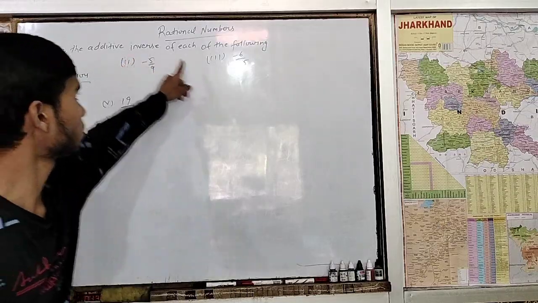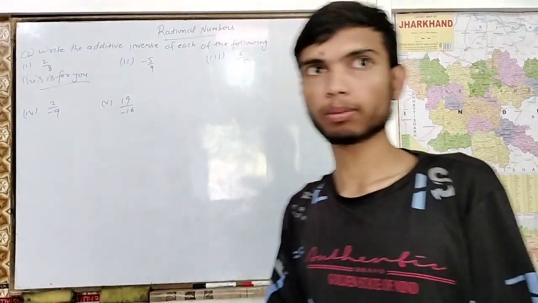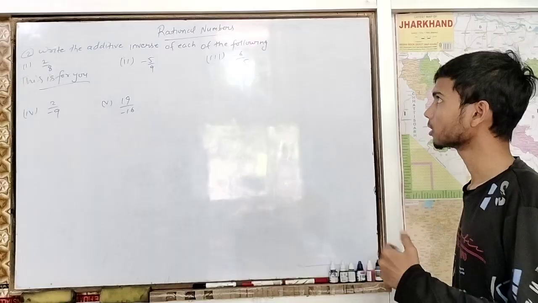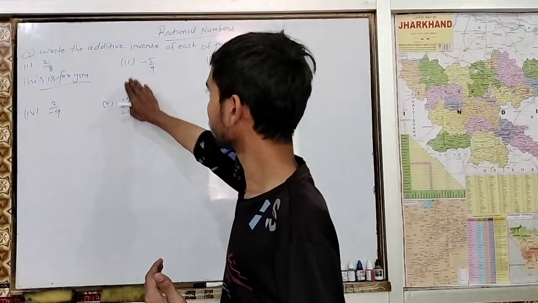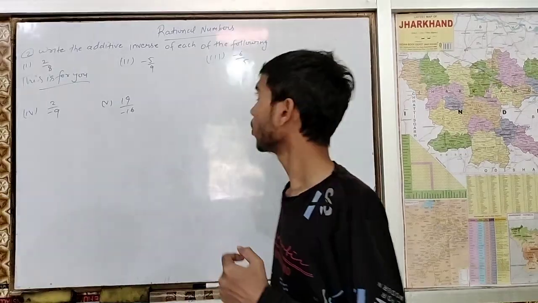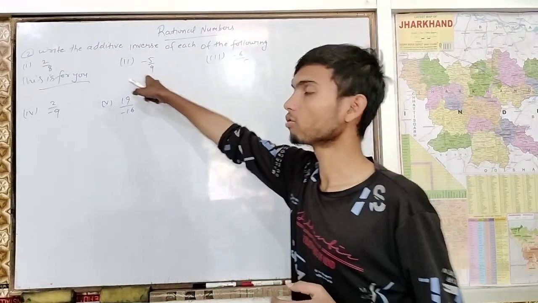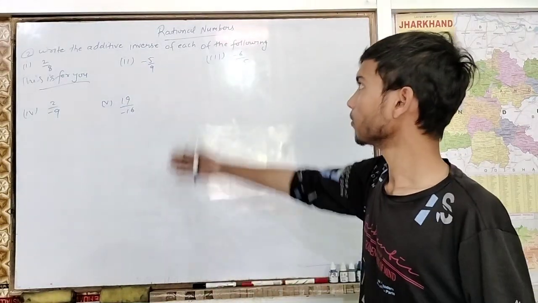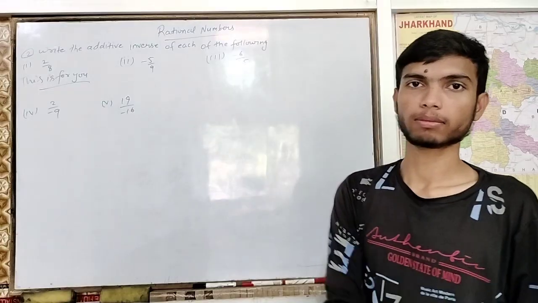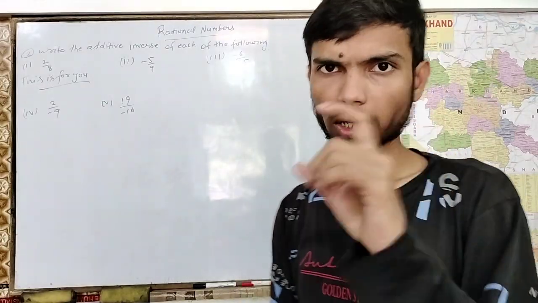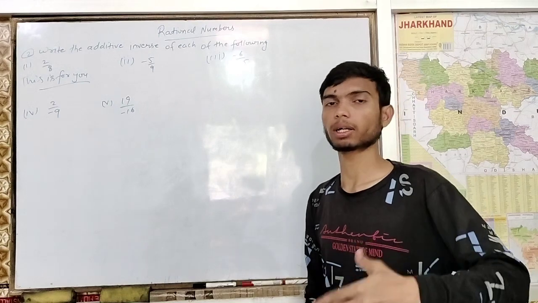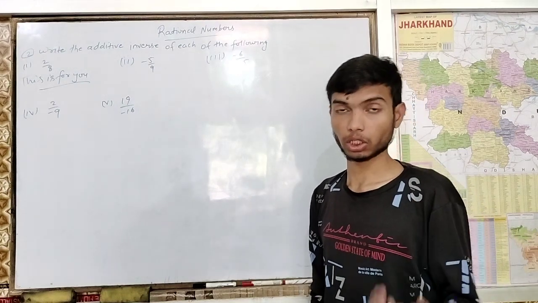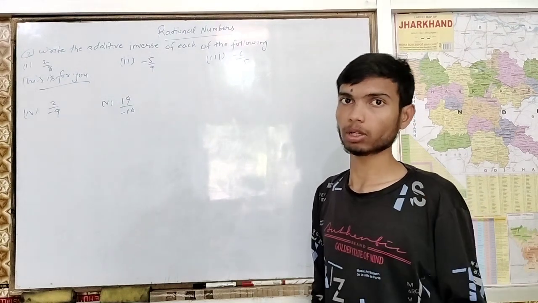Write the additive inverse of each of the following. Additive, which means positive addition. We have this question. What would be the additive inverse of this? We have minus 5 upon 9. Whatever negative sign you are observing, just convert that negative sign into positive.